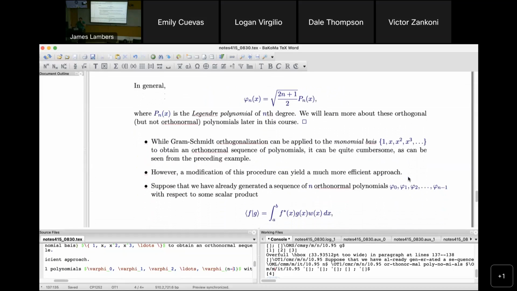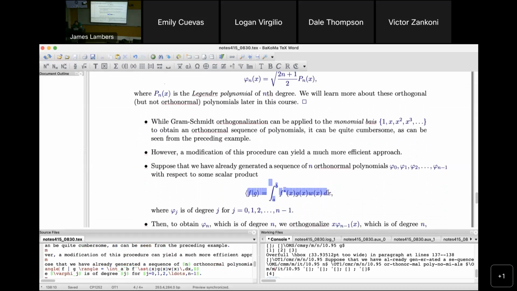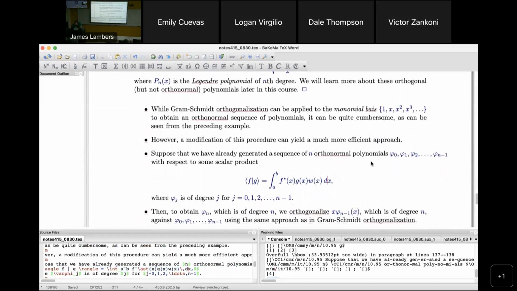But now I'll show how you can get around that. We're assuming some scalar product over some interval, with some weight function, so it's very general. We're going to assume that each phi function in the orthonormal set has a degree equal to its index, like we have been doing.